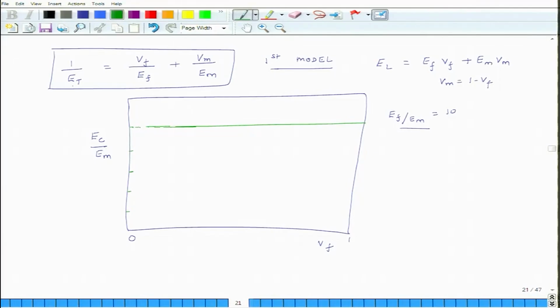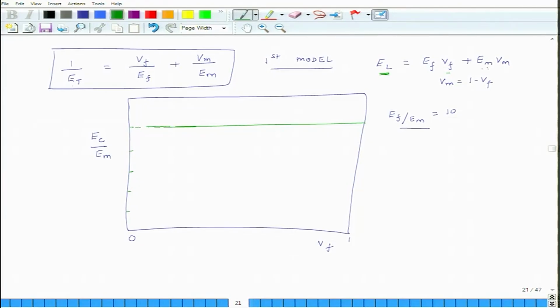When fiber volume fraction is 0, what is the value of EL over EM? 1. First, we are going to develop a line for EL. When fiber volume fraction is 0, volume fraction of matrix is 1.